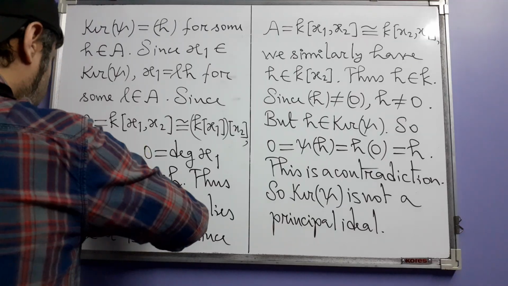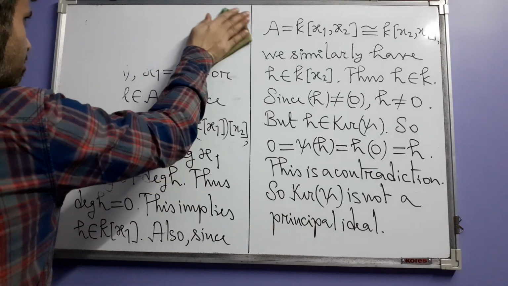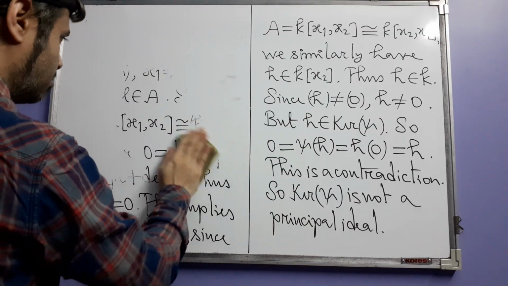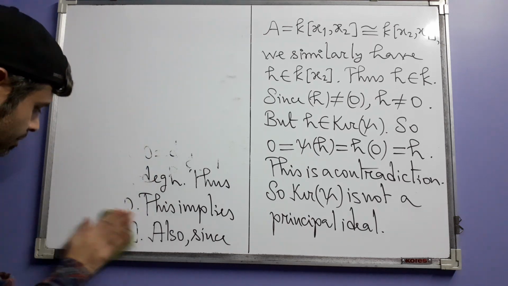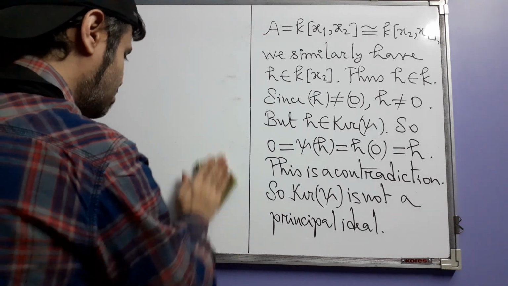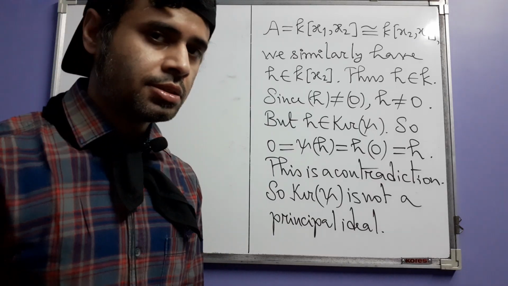See, the conclusion is that in the general multivariate polynomial ring where there are more variables than one, this kernel of psi is a prime ideal, but it is not even a principal ideal.